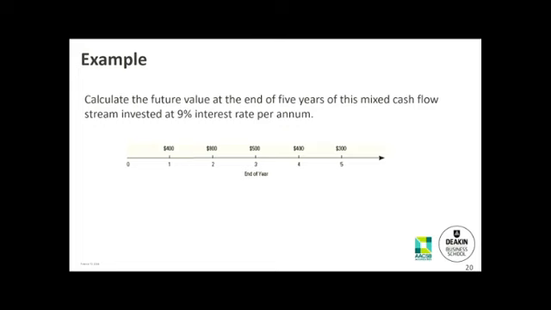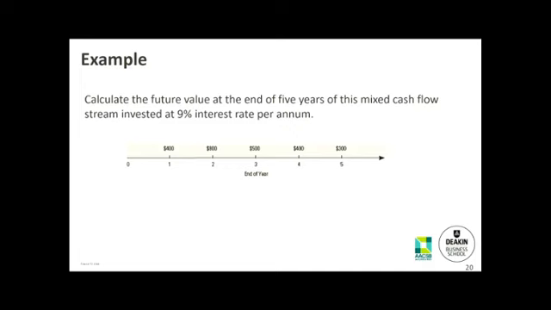It's not hard, this example. Let's calculate the future value at the end of 5 years of this mixed cash flow stream invested at 9% interest rate per annum. So what do we want? We have 5 cash flows. Do you agree? We want the future value of this cash flow stream at the end of year 5.